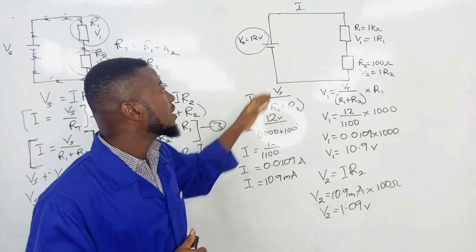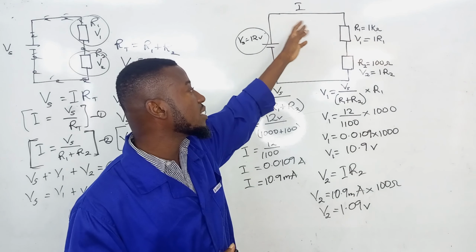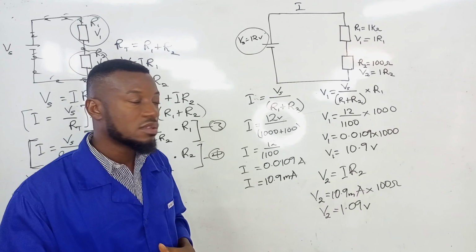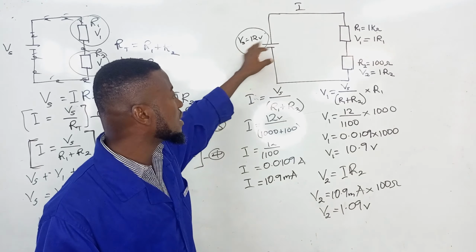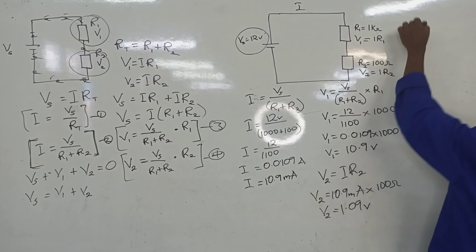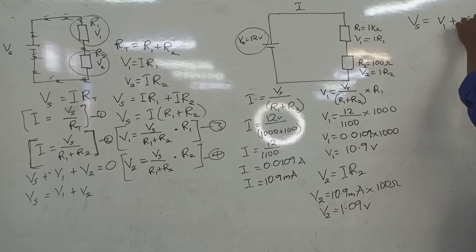He said that the summation of all the drops or the total voltages in a complete loop is equal to zero. So let's find out what will happen. Let's sum up all this and see. We have the equation which says that Vs equal to V1 plus V2. Let's see if that will be true.